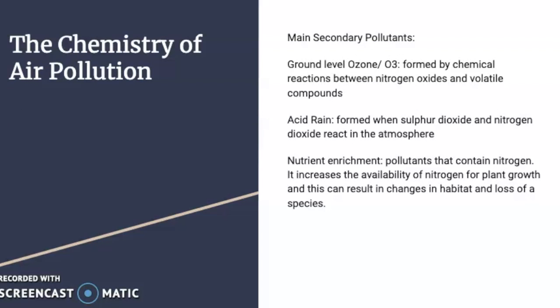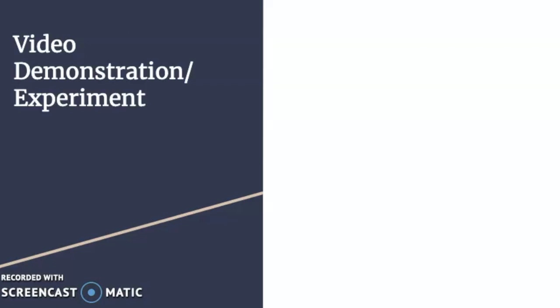The last one is nutrient enrichment, which are pollutants that contain nitrogen. Nutrient enrichment increases the availability of nitrogen for plant growth, and this can result in changes in habitat and loss of species. Okay, and now here is our video demonstration and experiment.